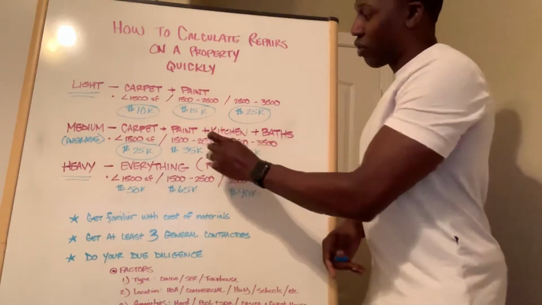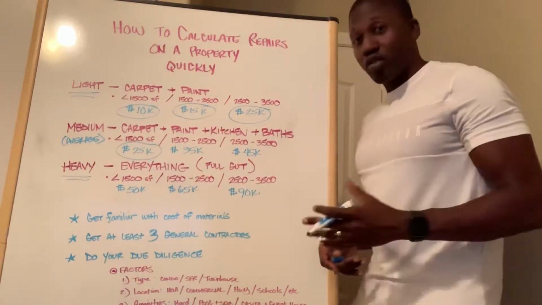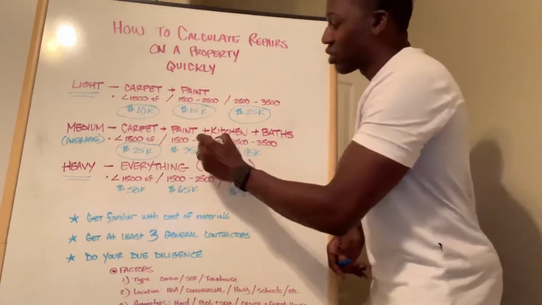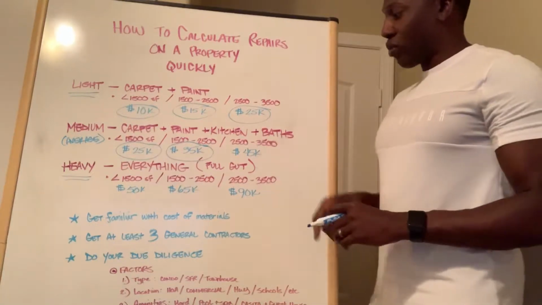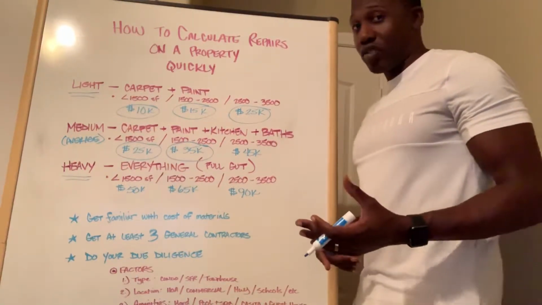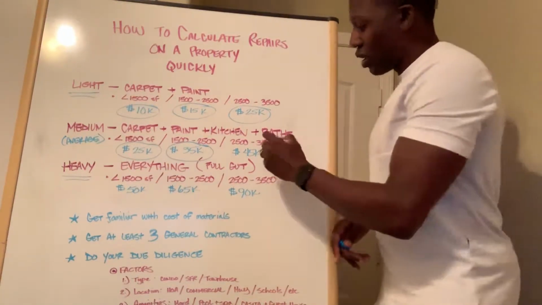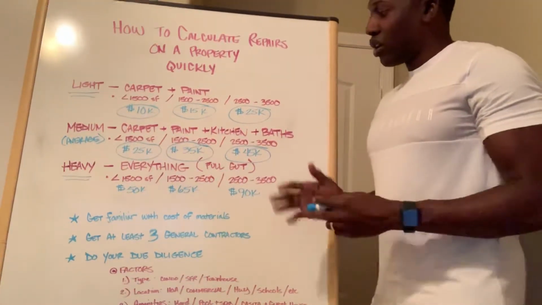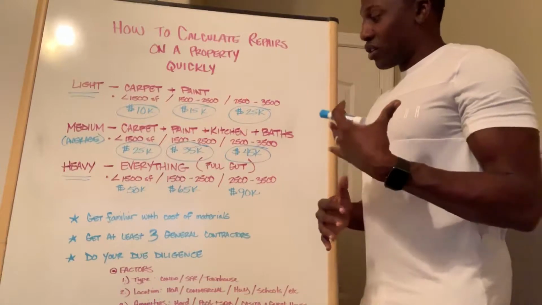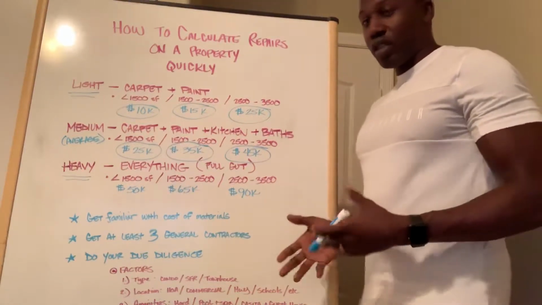And for 1,500 to 2,500, we've got $35,000 for our rehab cost approximation. And then from 2,500 to 3,500 square feet, we've got $45,000. Now, mind you, these properties can have different variations to them.